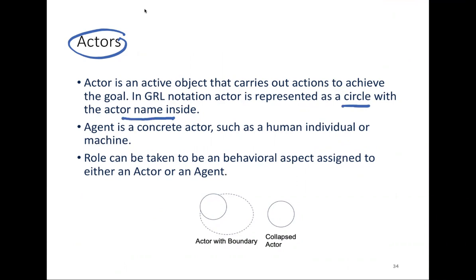An agent, on the other hand, is a concrete actor. For example, a human, an individual, or even a machine, and a role can be taken to be a behavior aspect assigned to either an actor or even an agent.